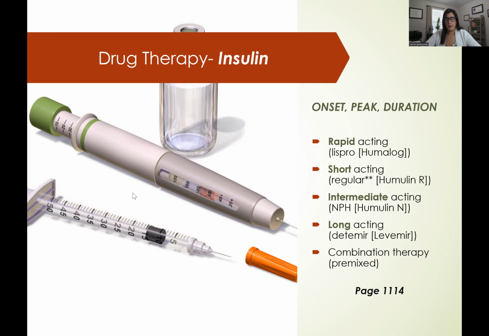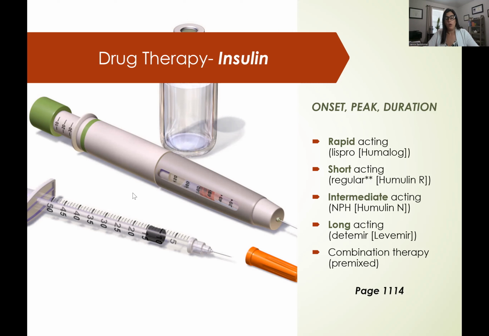The peak time is when the client is most at risk for experiencing hypoglycemic events. It's like the peak of a curve, when the medication is at its best working state. Now, the duration is how long this medication is going to be in the patient's system.